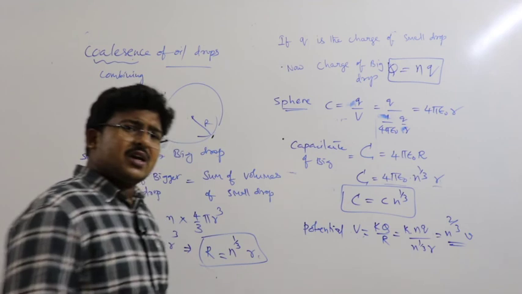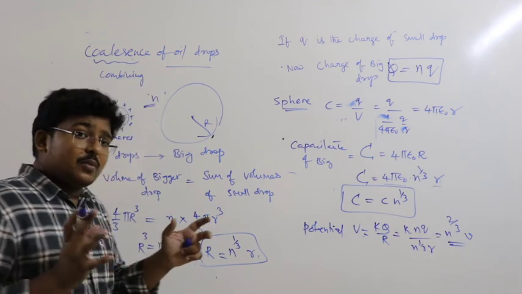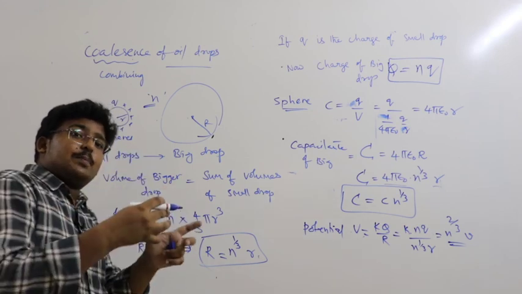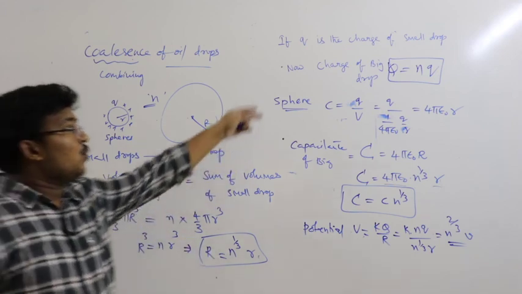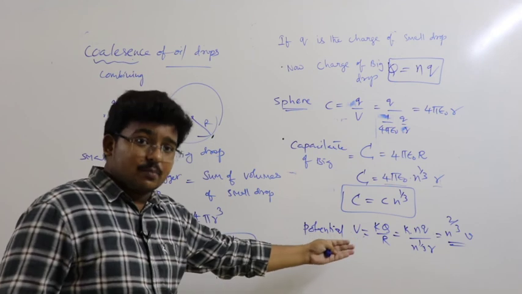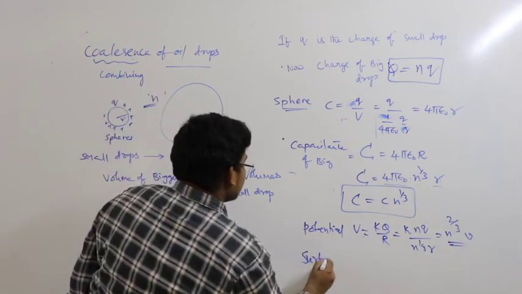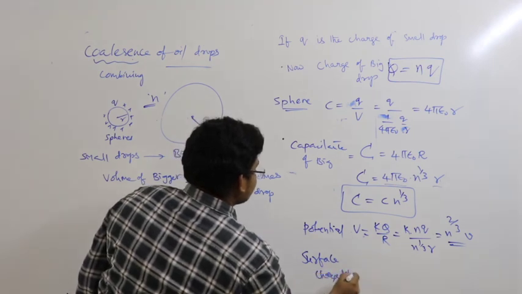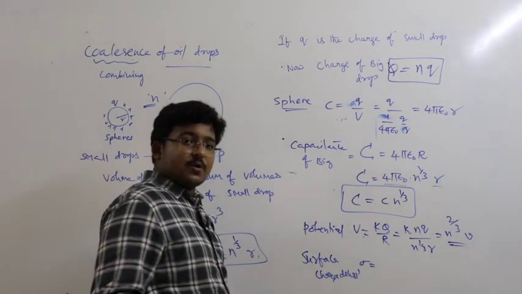Now likewise we can ask so many things, like surface charge density. I am just relating the smaller drop quantities to the bigger drop. So I have related what happens to the radius, the charge, the capacitance, and the voltage, meaning potential. And if they ask you surface charge density, sigma, you know the formula is charge upon area.